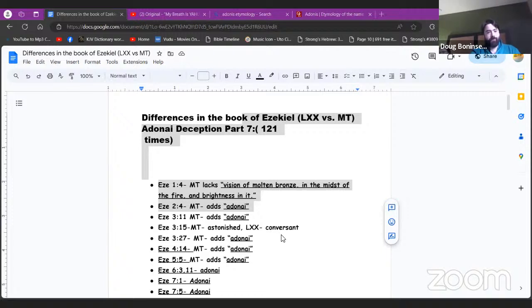It says, "And go get you to them of the captivity, unto the children of your people, and speak unto them and tell them, thus says," you have Adonai right there. And then Yahuwah follows. So this is where in your English translations, it has the all lowercase Lord, and then it has GOD in all caps. That's what they're hiding. They're hiding basically Adonai and then Yahuwah with the GOD in all caps.